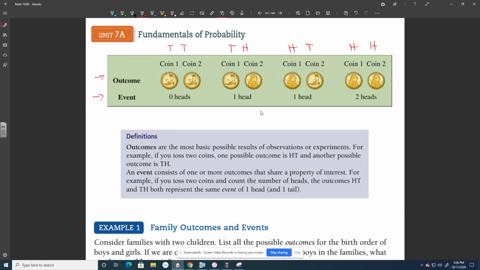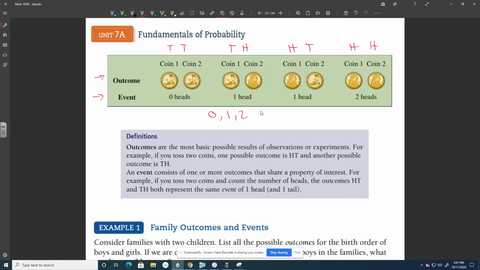I could get 1 if the first coin was a heads, or I could get 2 if both of them landed on heads. So my possible events are either getting 0 heads, 1 head, or 2 heads, if I was interested in the number of heads, not all the different possible outcomes. Okay. So just be careful when it's asking for outcome or event.